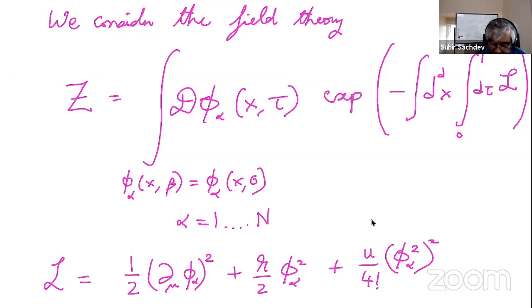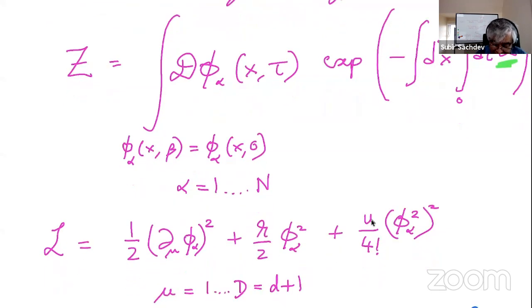On every point in space-time, there's a field phi, which has n real components. It's sometimes called the O(n) model because it has a large symmetry of rotations in n-dimensional space. And the Lagrangian is the one we've already met.